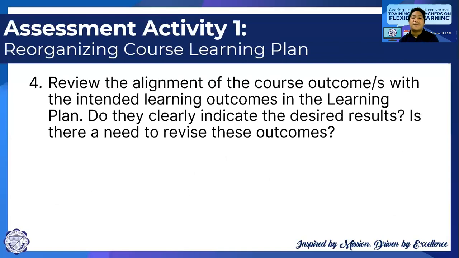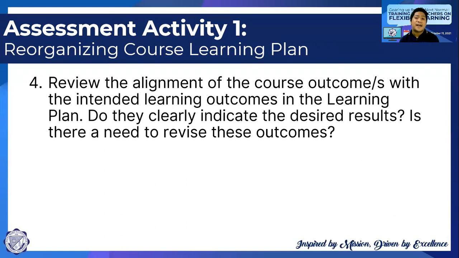Review the alignment of the course outcome or outcomes with the intended learning outcomes in the learning plan. So from the chosen unit, chapter, or module, take a look at the course outcomes of the subject and check if they are aligned with the intended learning outcomes found in the learning plan. Do they clearly indicate the desired results?